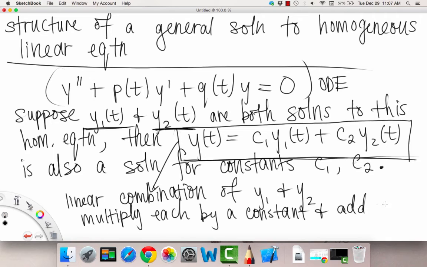That's how you get a linear combination of two things. So this solution in the box is a solution to our original ODE whenever y sub 1 and y sub 2 are already solutions to this ODE.